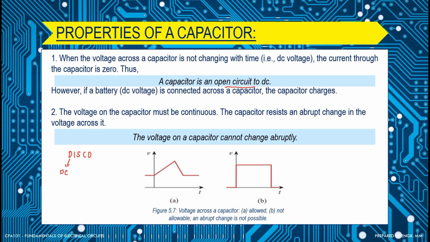So in DC condition, our inductor, which we will discuss later, is shorted, while our capacitor is open, just like what is written in our first property of a capacitor. This is a very important mnemonic for the properties of a capacitor and inductor. So at DC condition, inductor shorted, capacitor open.